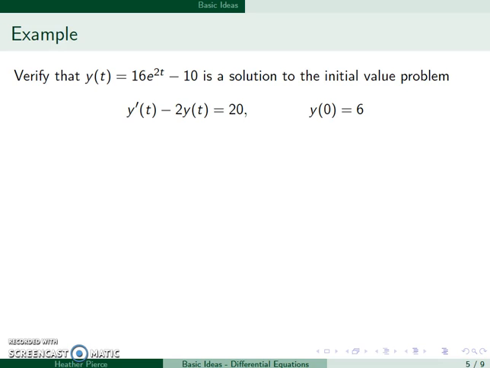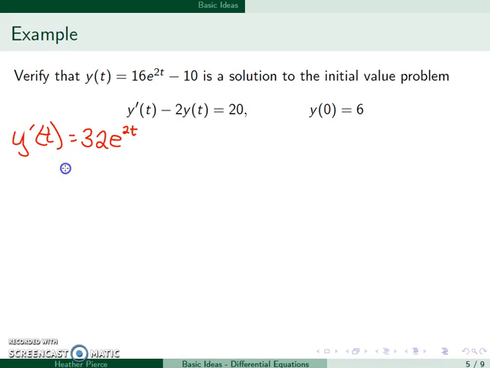So let's verify that this is the solution to the initial value problem. We'll start by seeing if it fits this formula. So y prime of t will be equal to, we'll bring the 2 down, 32 e to the 2t, and the derivative of 10 is 0.